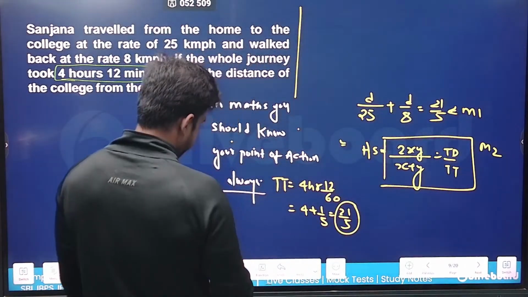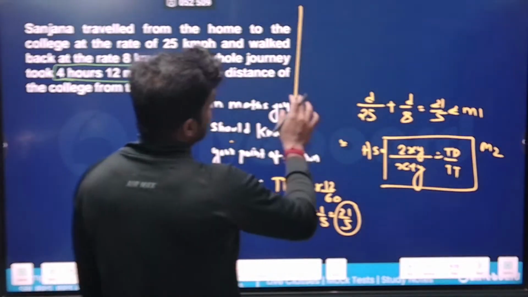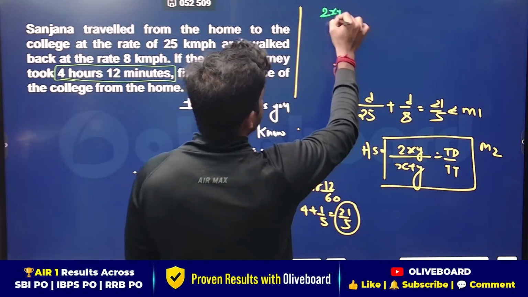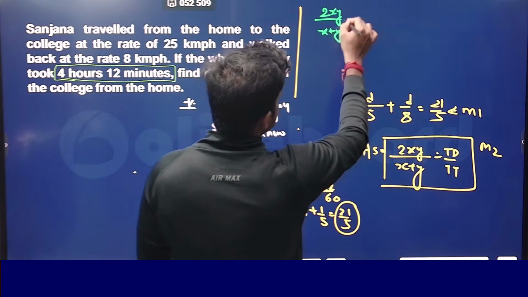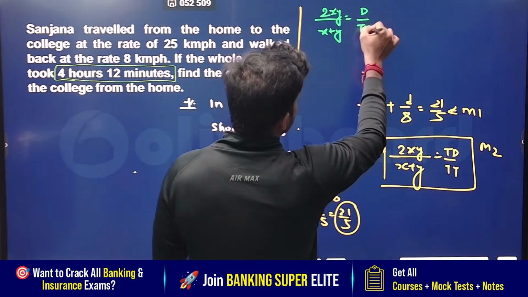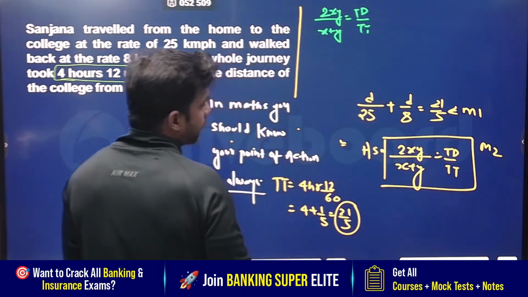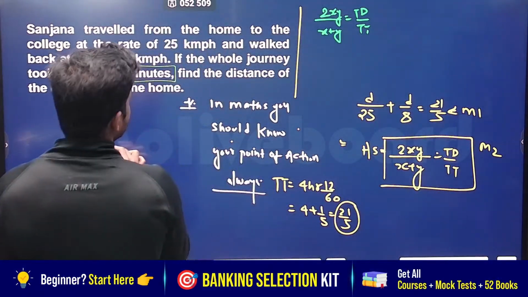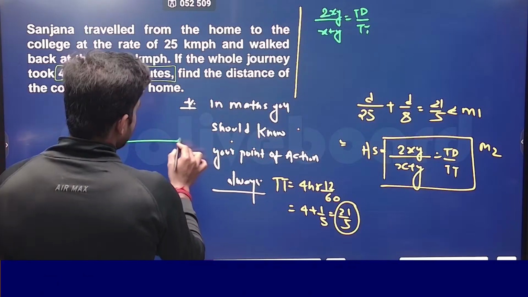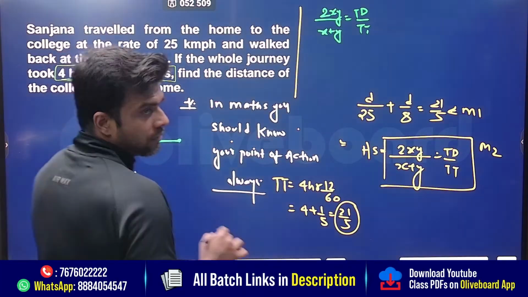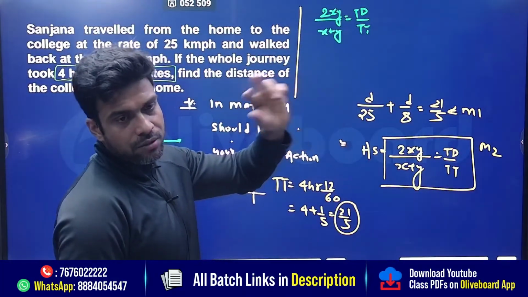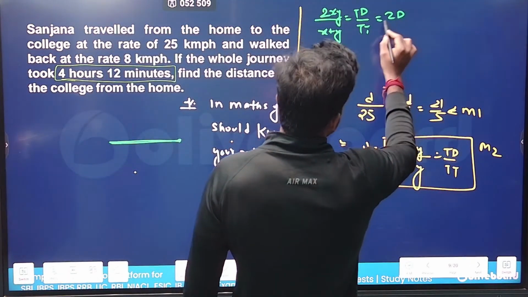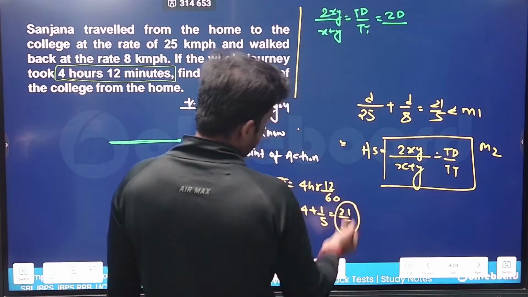Now see, we know that average speed is 2xy upon x plus y, which equals total distance by total time. Sanjana is going from home to the college and then returning back, traveling the same distance 2 times. So total distance would be 2d, and total time is 21 by 5.